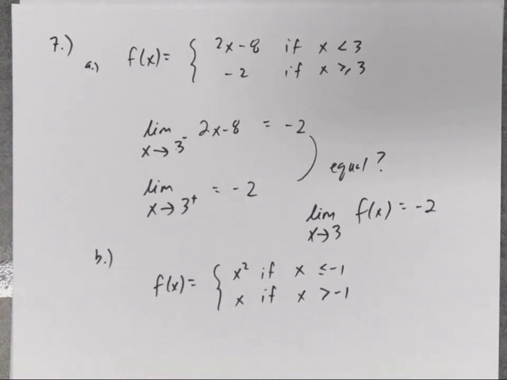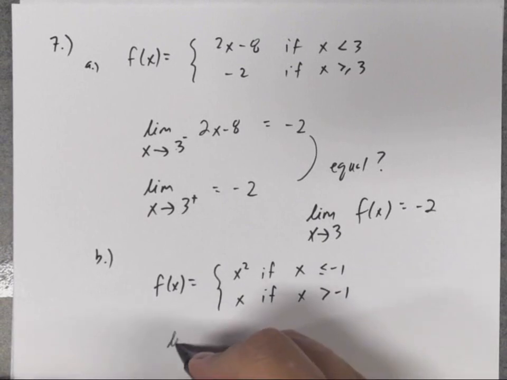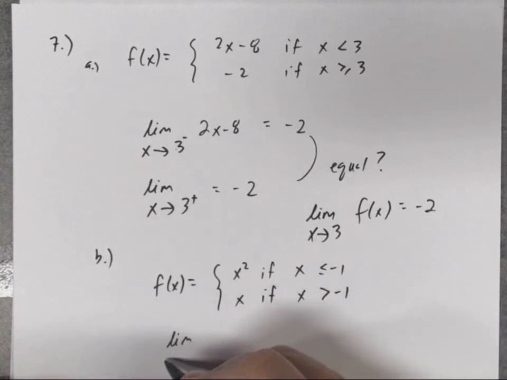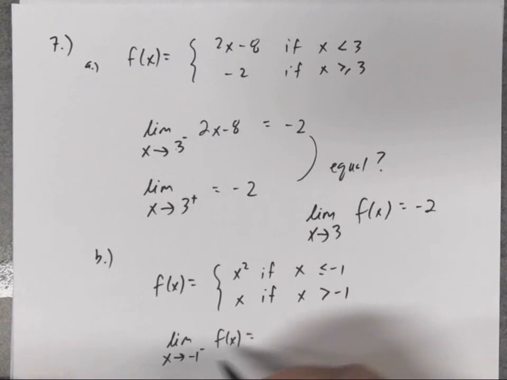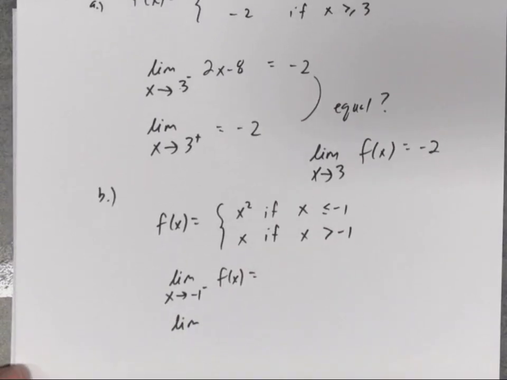Now we need to know both the low and the high limits when x is -1. I'll write them both out here.